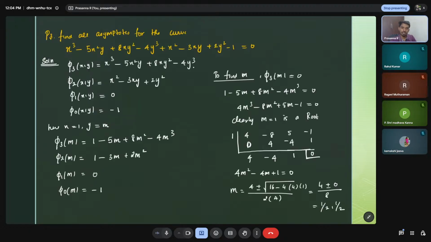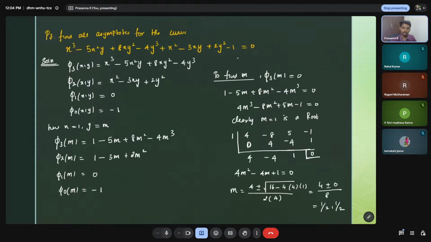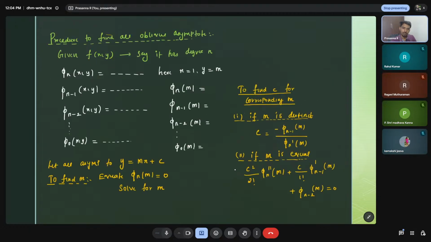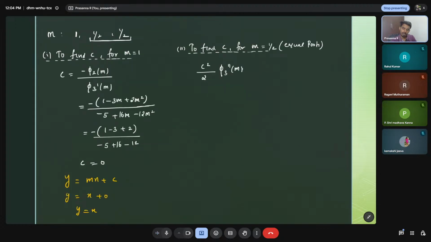So in that case, your c is given by c square by 2 factorial p3 double dash of m plus c by 1 factorial p2 dash of m plus p1 of m is equal to 0. N is 3 here. So c square by 2 factorial, which is 2.